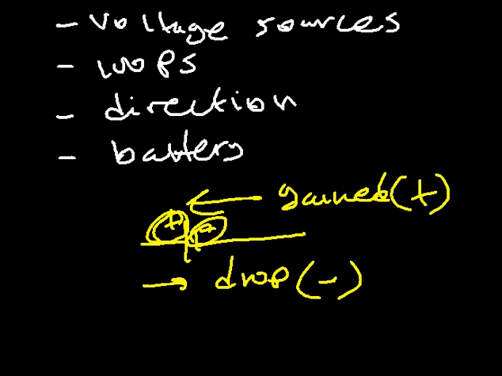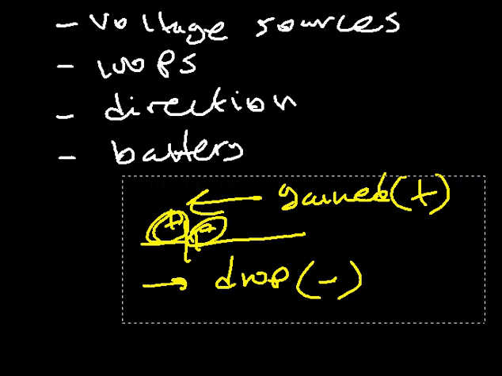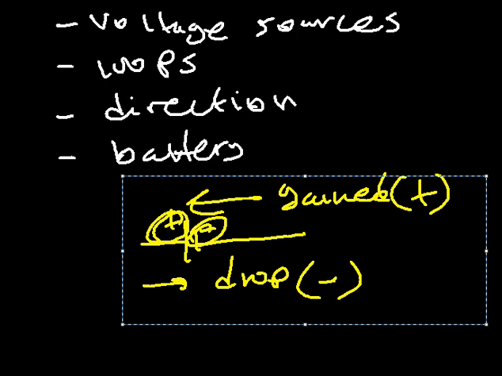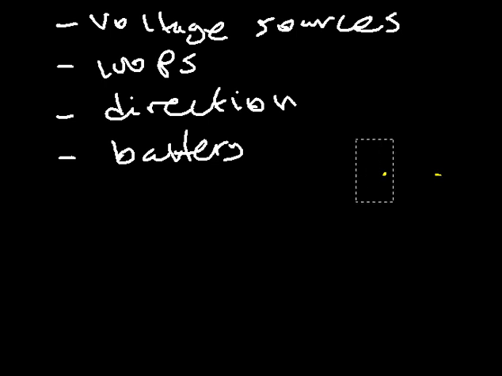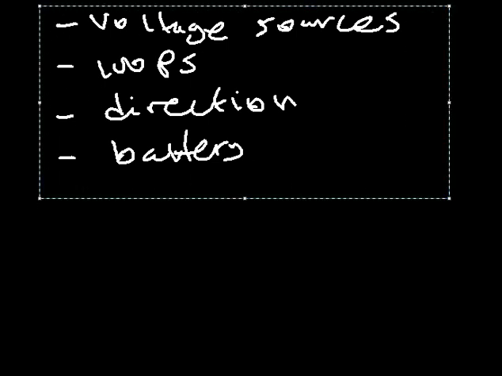You should keep that in mind. Also, if in a given loop there's no voltage source, then according to the Kirchhoff voltage law, it simply adds up to 0. Let's see how we can apply those in the given problems below.